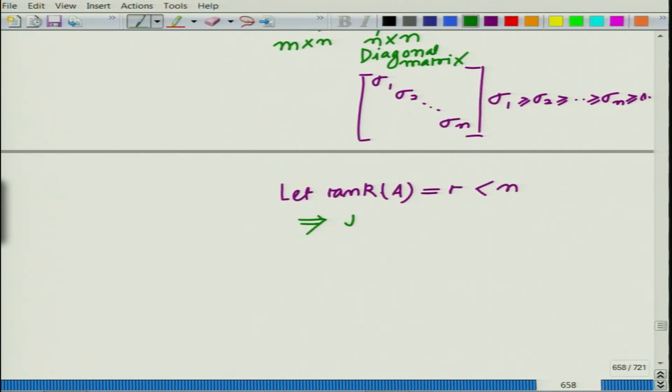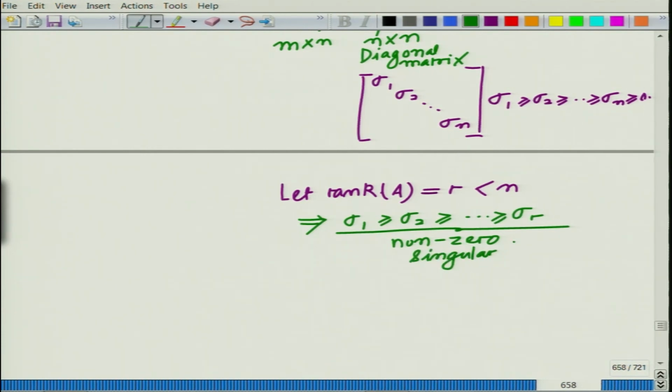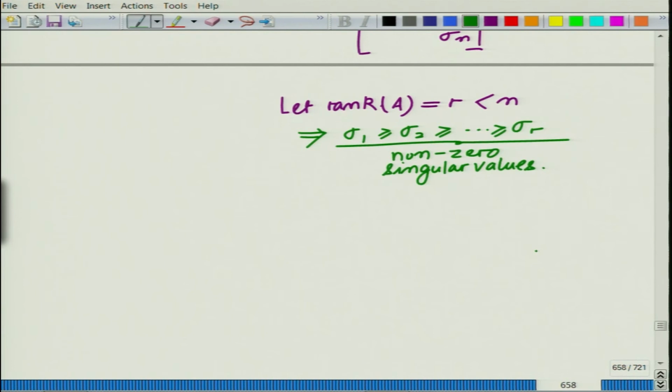This implies sigma 1 greater than or equal to sigma 2 greater than or equal to, so on until sigma R. These are the non-zero singular values, and then we have sigma R plus 1 equal to sigma R plus 2, so on until sigma n.